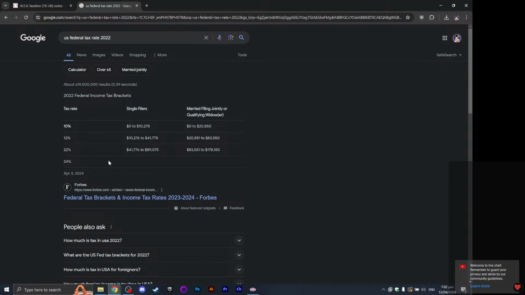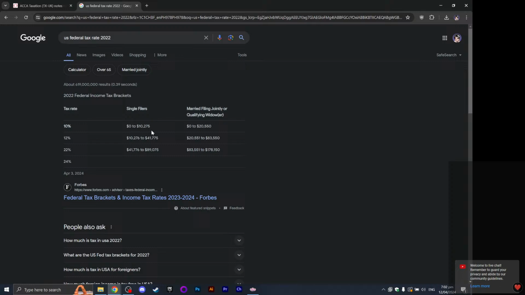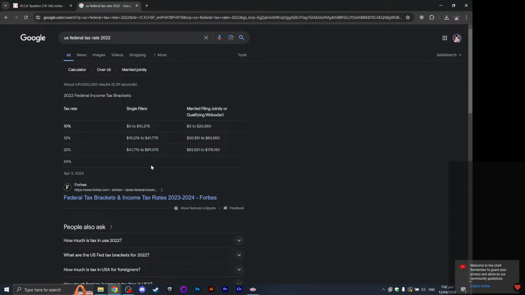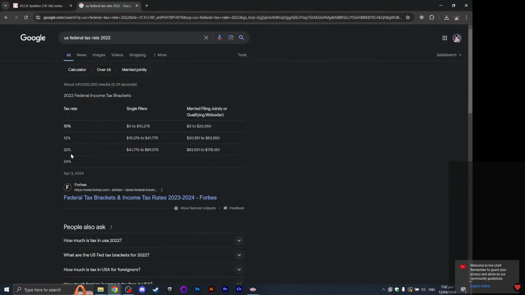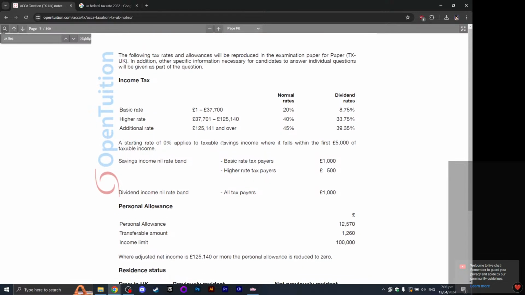Oh, and above that's 24%. Look at that. The thing is, in the US the taxes are lower if you're on the lower bracket, but if you do make a lot of money, it's 24%. But here, oh damn, it's already 20%, even if you're not making that much.